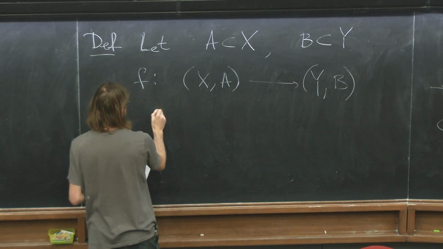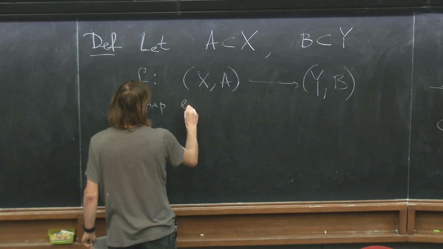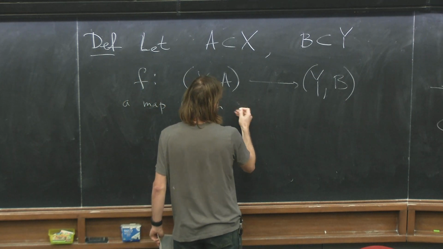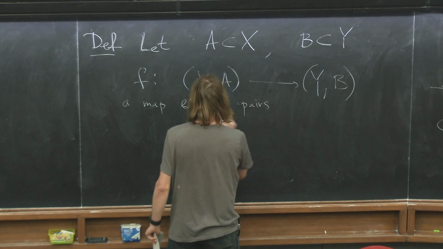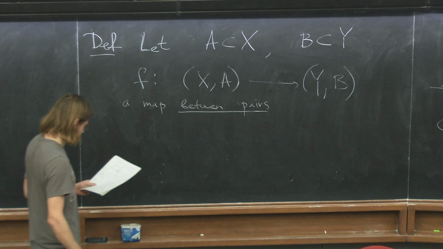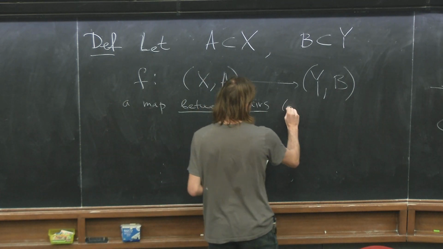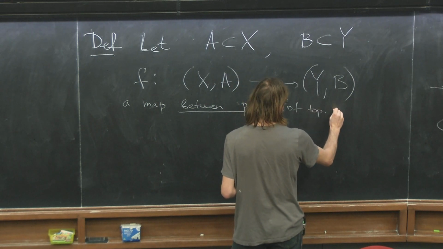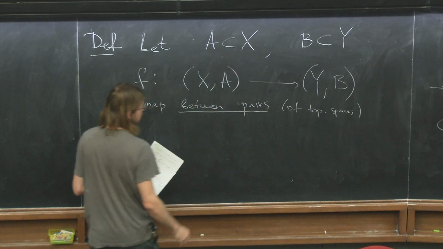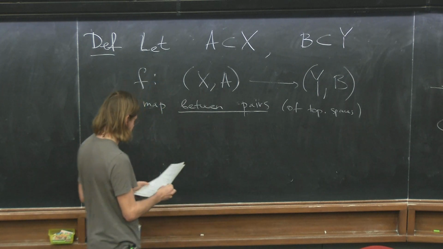A map between what we call pairs of topological spaces, where the second topological space is a subspace inside the first one.